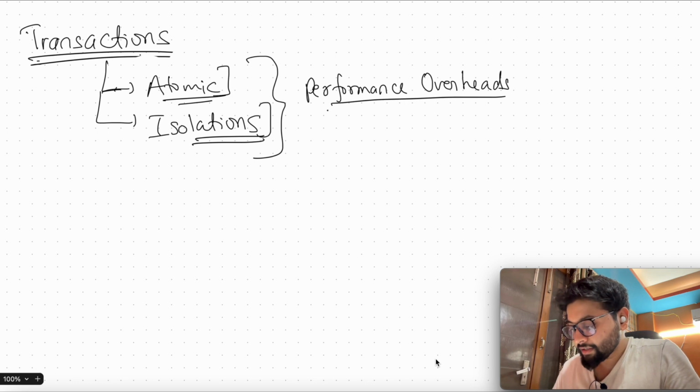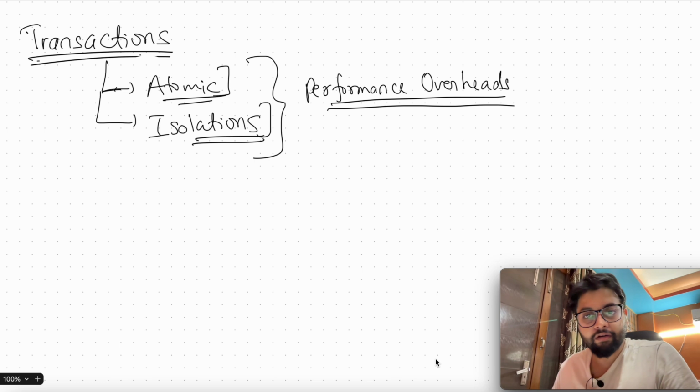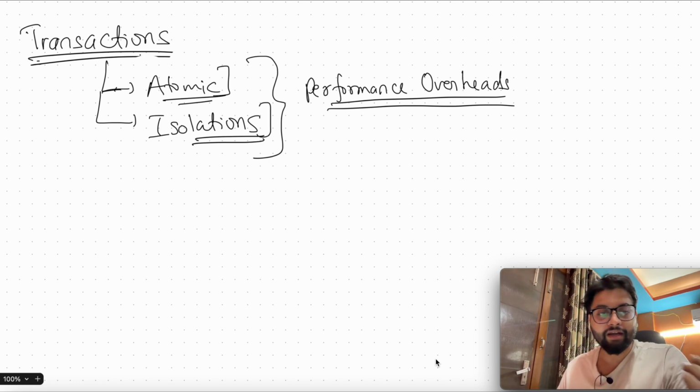Why? Because as we discussed in our previous example, multiple clients would have to wait to perform a read or write on a particular data item that has already been taken in possession by a transaction, right? So if a transaction is owning a data item to perform a read or write operation, then other transactions or other clients who are trying to perform a transaction, or a read or write on the data item, have to wait, and that is the reason for the performance overhead.